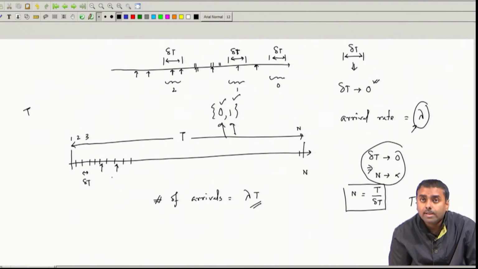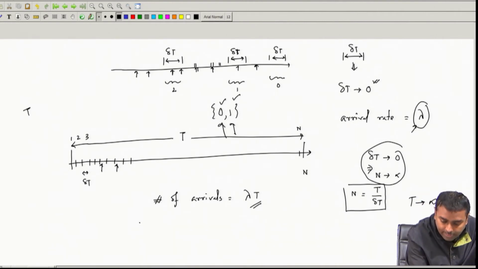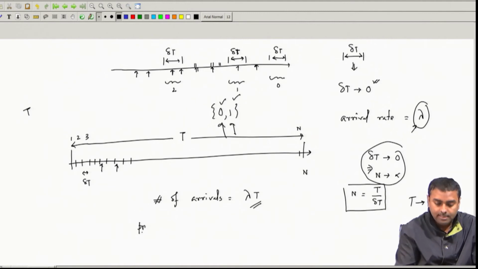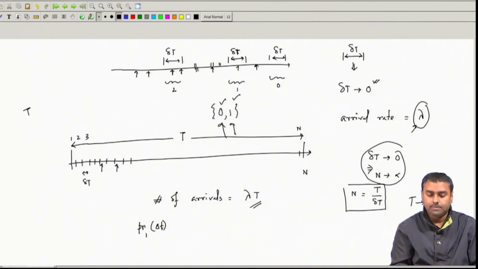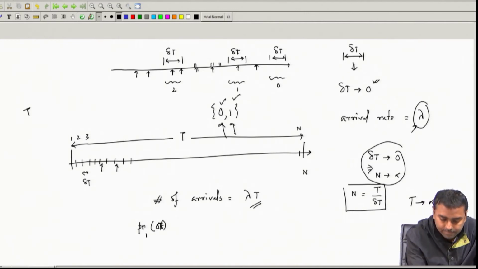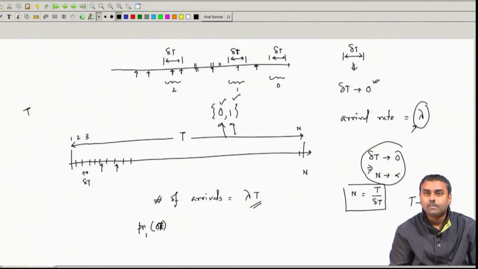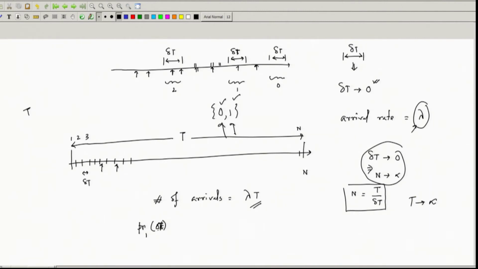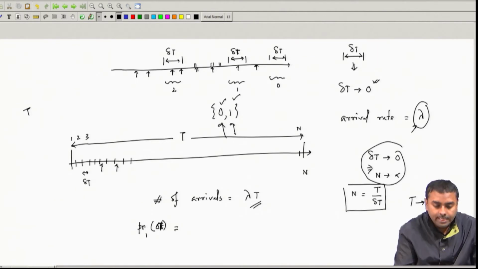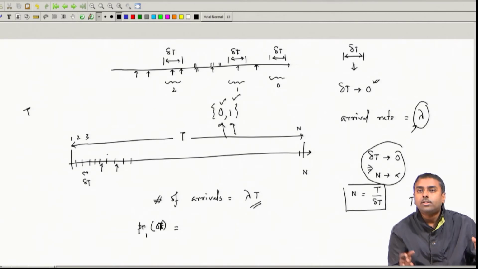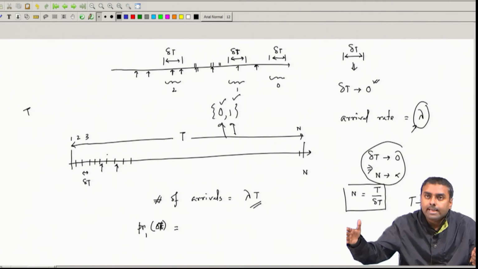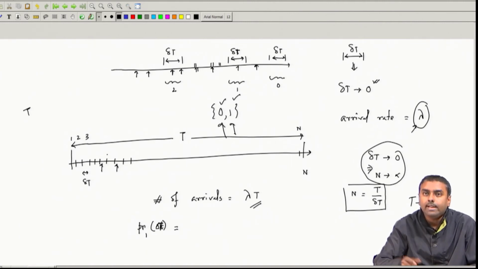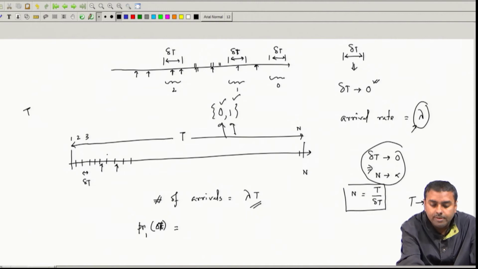So, if I now try to calculate the probability that 1 arrival has happened in delta t, or delta capital T, sorry. What is this value? Probability has a frequency principle, which means all possible cases should be in the denominator, and the favorable cases in the numerator. So, what are the favorable cases of 1?